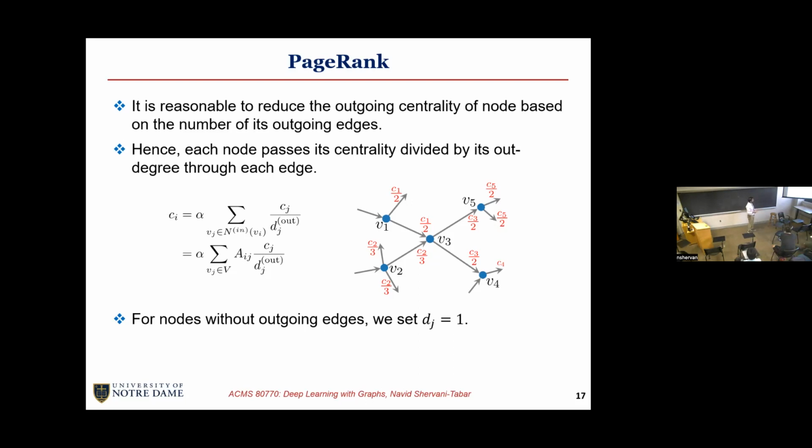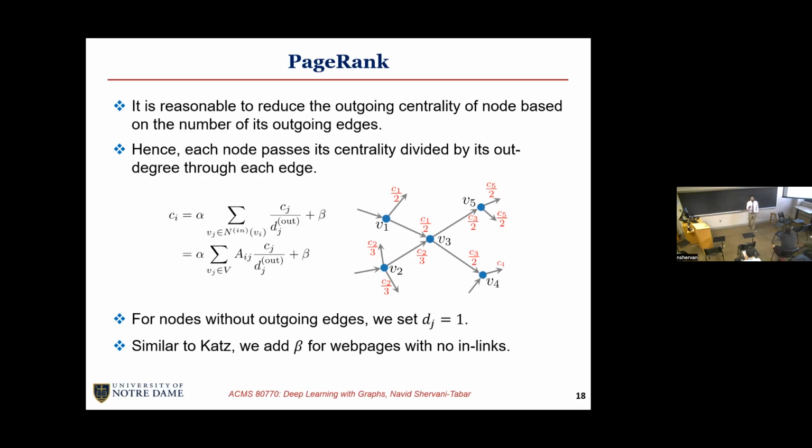And that's still going to have no effect, because in fact, any number that you put there is going to be the same. If j has no out-degree, element ij is going to be 0, because j is not pointing to anyone, so it's not pointing to i either. So this term is going to be 0, and it's not going to have any effect on the centrality of node i.